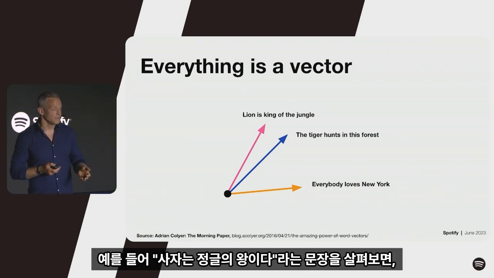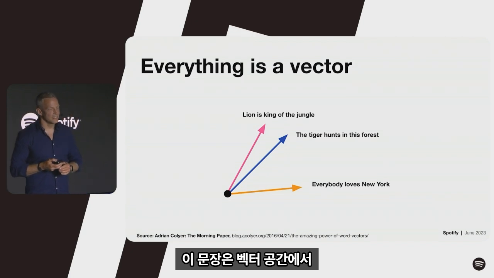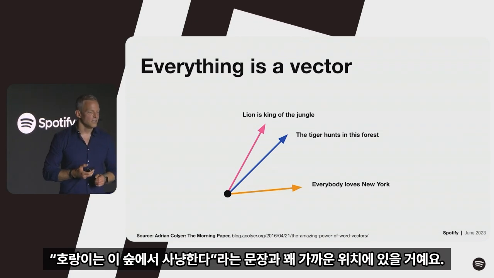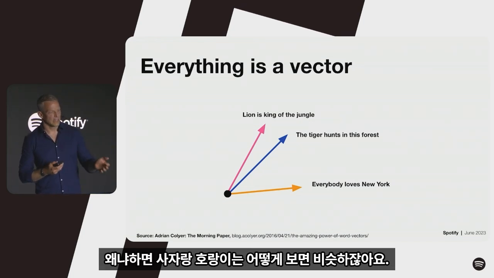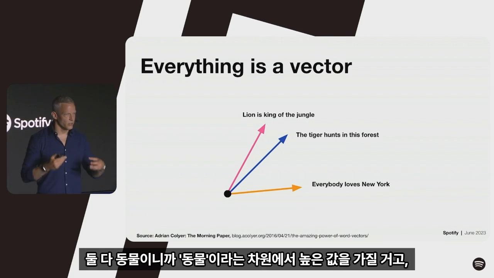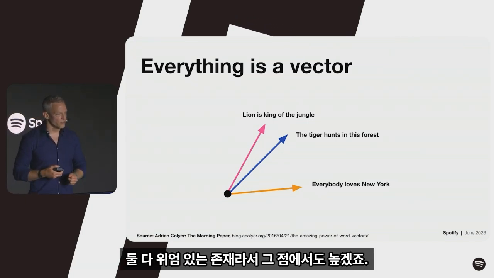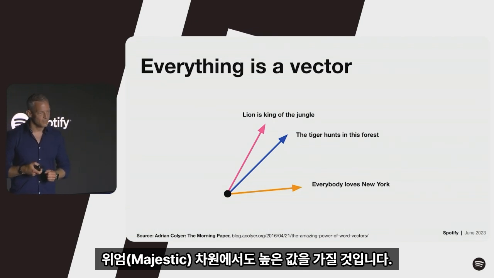So it turns out that if you look at something like "lion is the king of the jungle," that sentence is going to be pretty close in this vector space to "the tiger hunts in this forest." And that makes sense to you as a human, I think, because lion and tiger are somehow similar. They're both animals, so they will be high on the animal dimension. They're both sort of majestic, maybe high on that majestic royaltiness dimension.